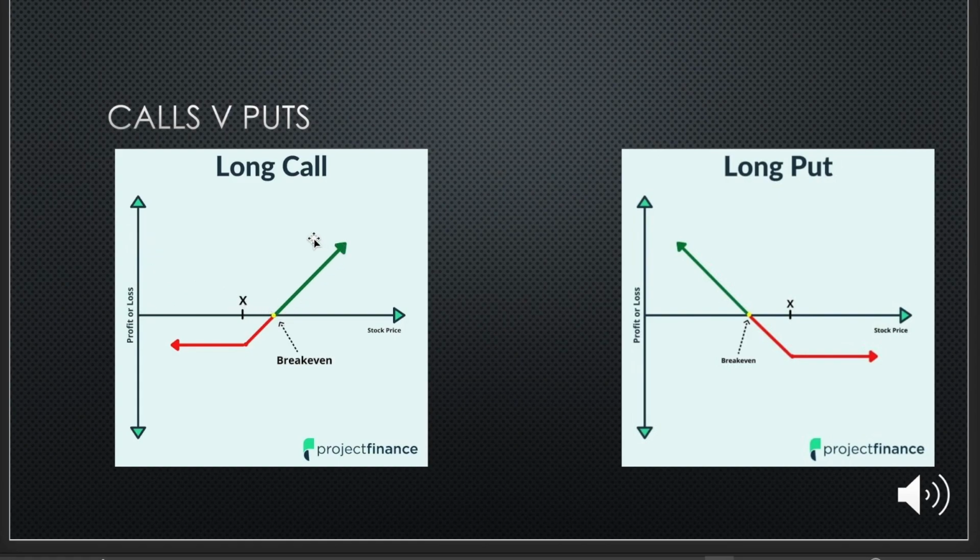So if you buy a call, if you are long a call, that means that you expect the stock price to go up because if it does, then of course you profit. That is the green arrow section of this chart.